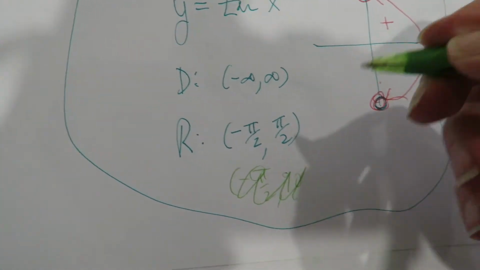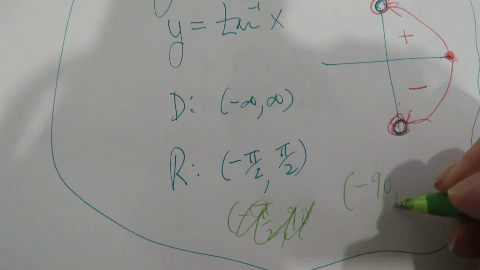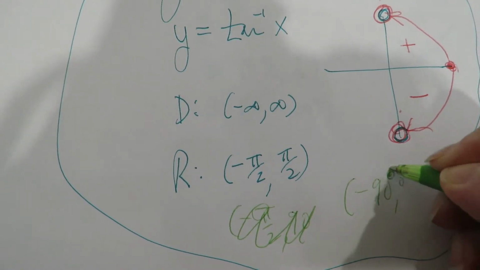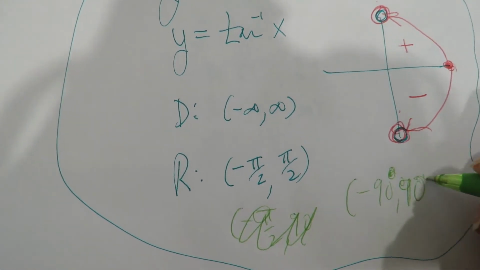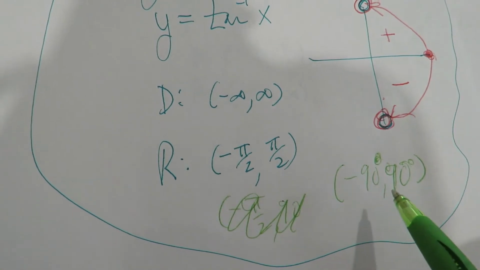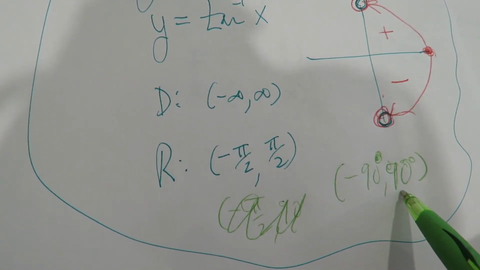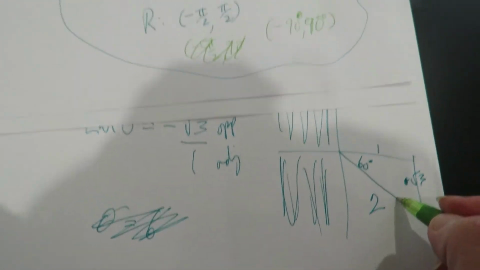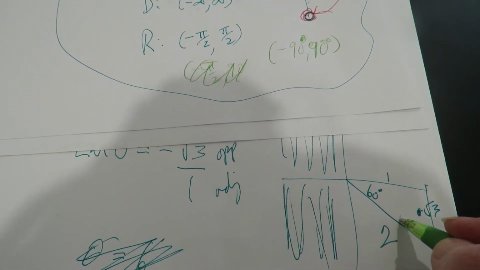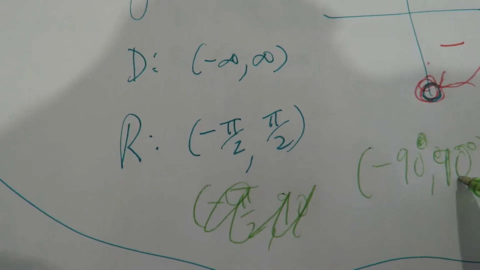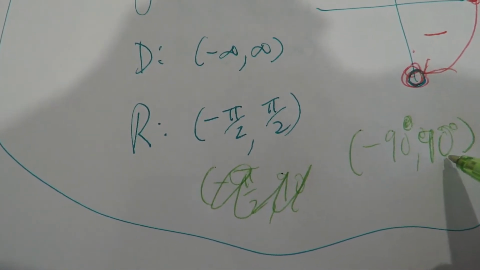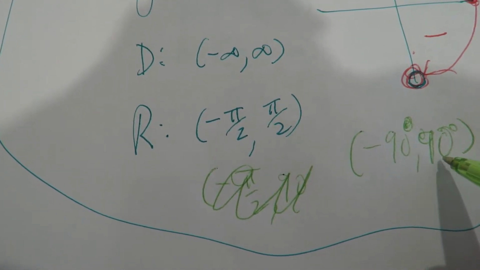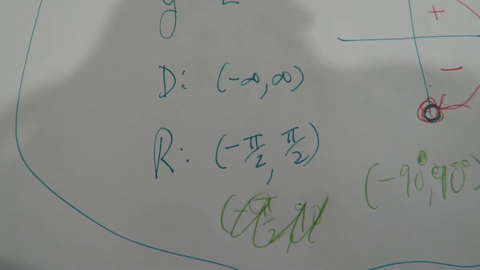What I'm trying to say is you have to stay in between negative 90 and 90. If you say 300 degrees in standard position, that's wrong because it can't be. You can only go up to 90, not including 90.